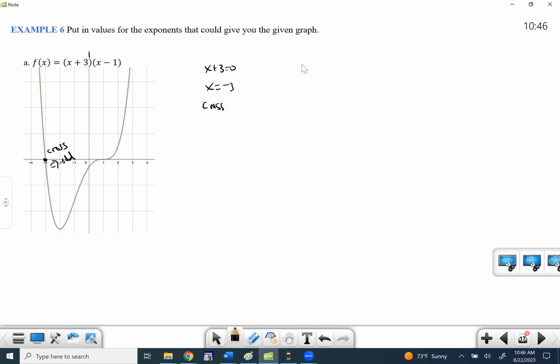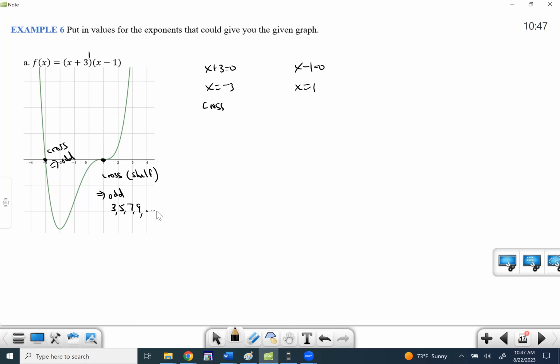Okay. If we set the x minus 1 equal to 0, we get 1, which is exactly where this 0 is. So that one's a cross, but it's a cross that's a shelf. So that's going to imply odd, but odd where we use like 3, 5, 7, 9, whatever.